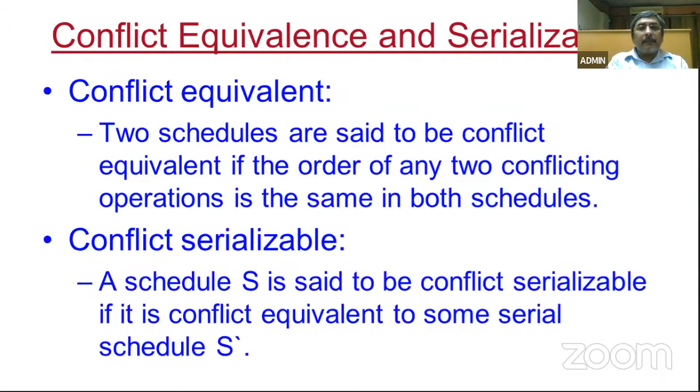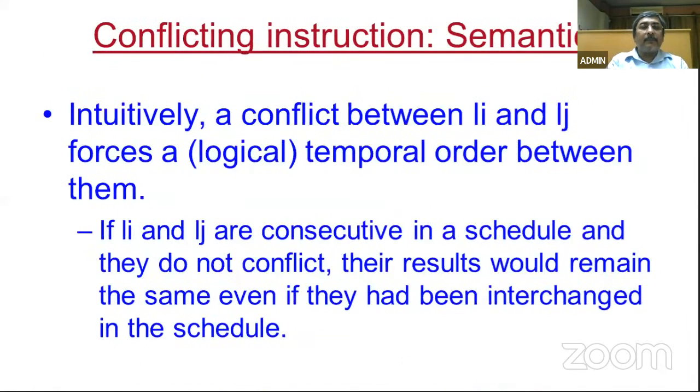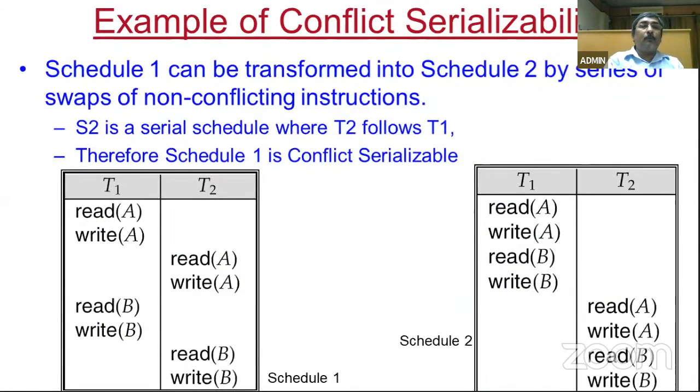Let us take an example. You can look at this. This is one schedule with T1, T2. This is the second schedule with T1, T2. Now T1 reads and writes A and B, T2 also reads and writes A and B. The question is, do they have conflicting operations? T1 writes some data and after that T2 reads it.